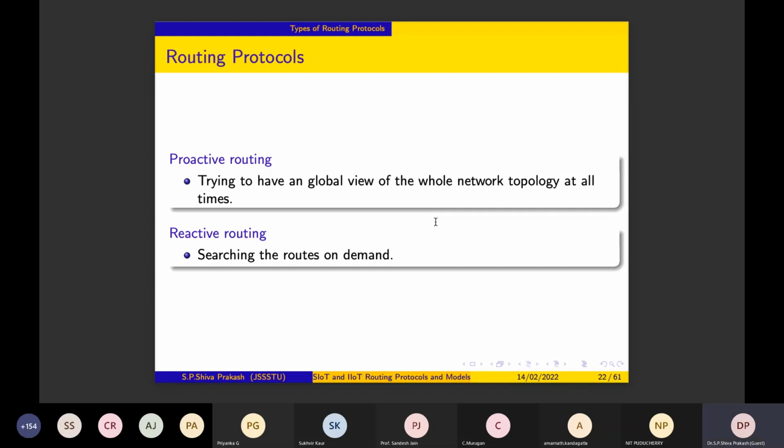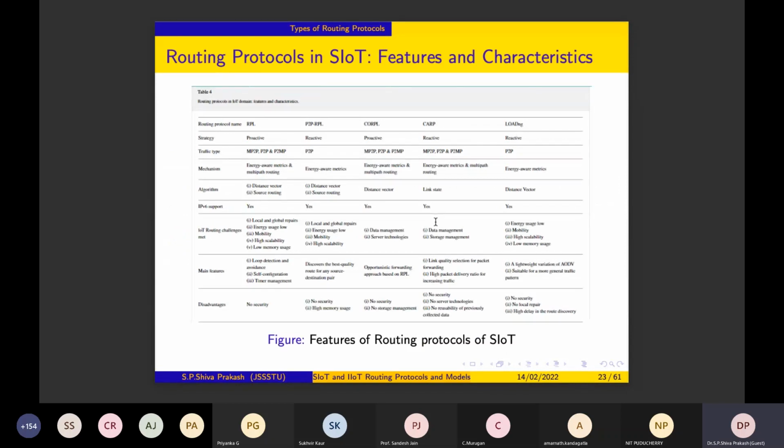Especially when it comes to SIoT or IIoT protocols, the features and characteristics are very important here: the strategy that you are following, the traffic type, the mechanisms that we will be using, the algorithms, the support of IPv6, and also the main features.